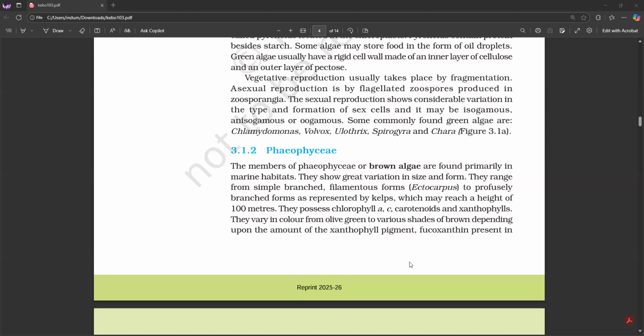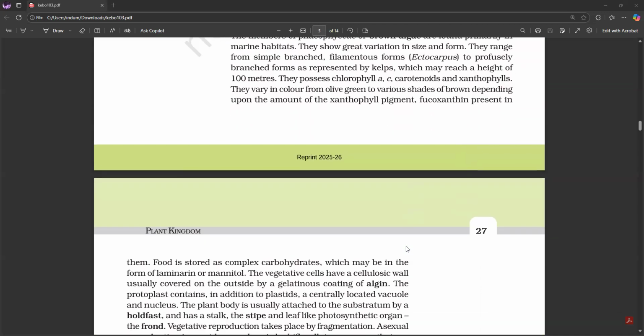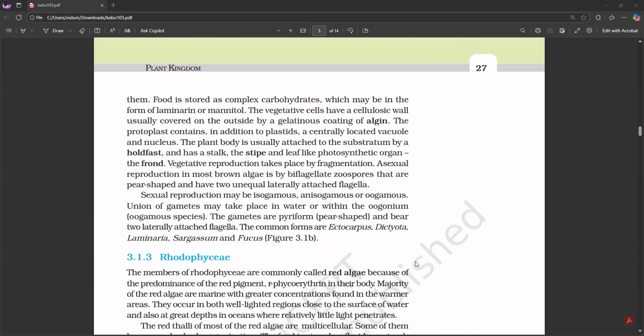They possess chlorophyll a, c, carotenoids, and xanthophylls. They vary in color from olive green to various shades of brown, depending upon the amount of the xanthophyll pigment, fucoxanthin, present in them. Food is stored as complex carbohydrates, which may be in the form of laminarin or mannitol.